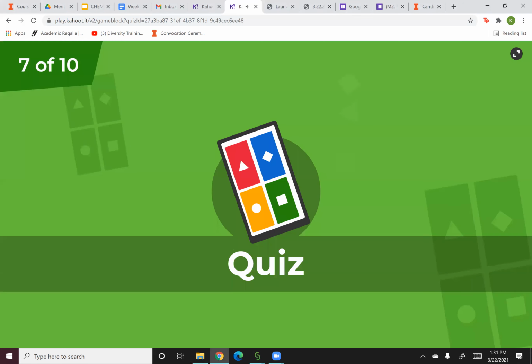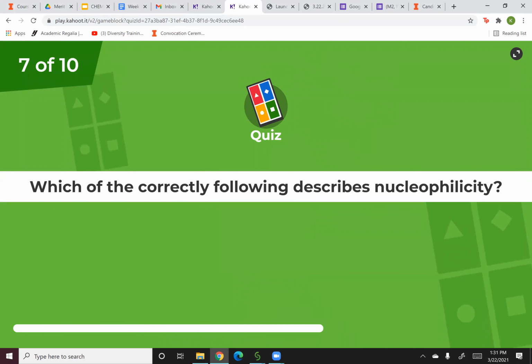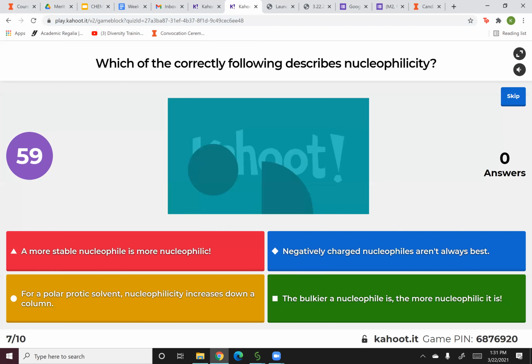Okay, so then question 7. You guys are surviving. Which of the following correctly describes nucleophilicity?